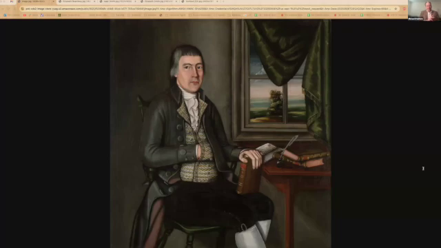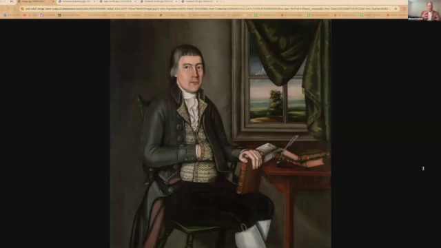In many of the portraits that have books, if you get close up, you can read the titles of the books because they want you to know what they're reading. In this case, he's reading The Decline and Fall of the Roman Empire by Edward Gibbon, which is one of the most famous books of the late 18th century.